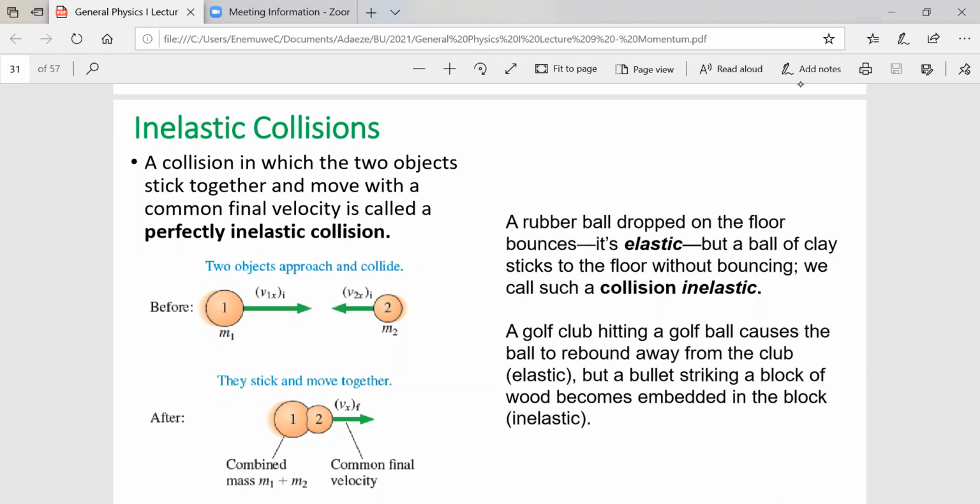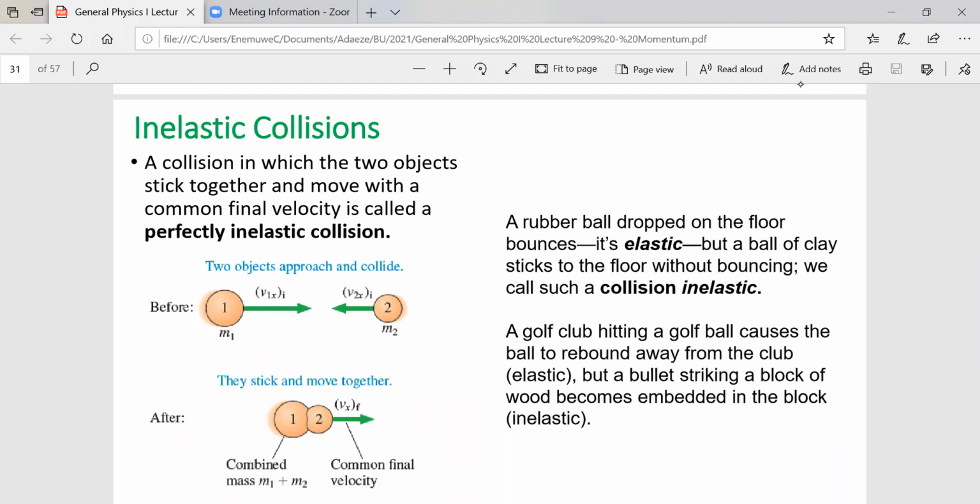Also, we saw a typical inelastic collision in the lab experiment we did. A collision in which two objects stick together and move with common final velocity is called inelastic.